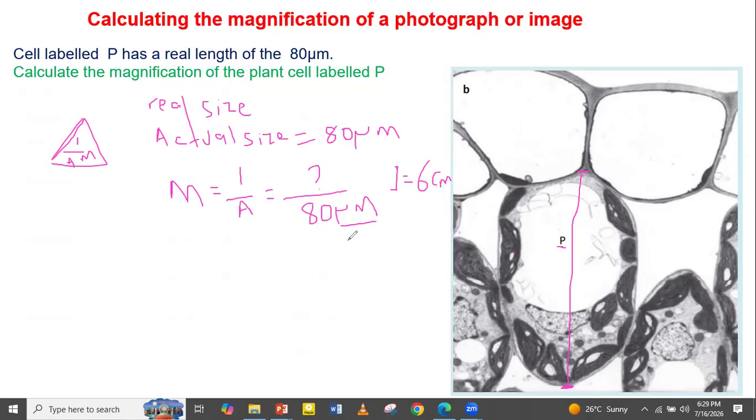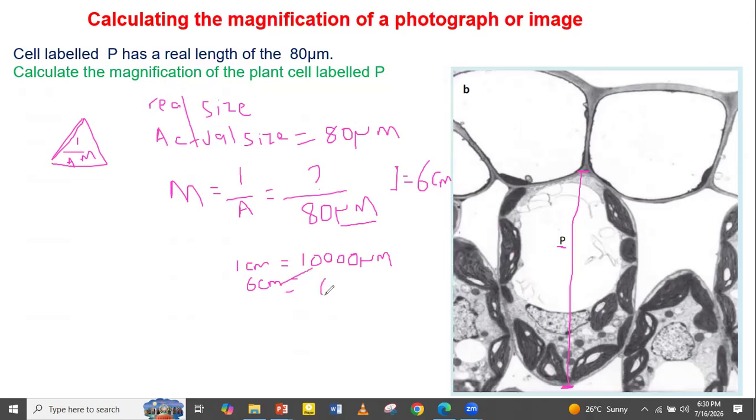So in that case, we are going to turn our centimeters to micrometers, and we saw that 1 centimeter contains 10,000 micrometers. So how about the 6 centimeters that I just measured? Carry out the cross multiplication.